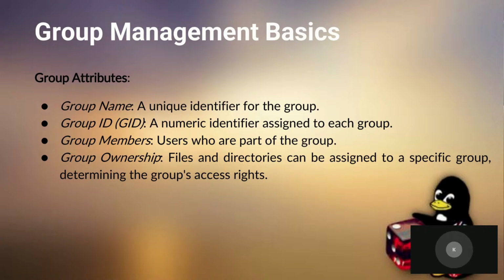Then the group members are the users that are assigned to the particular group. Then you have ownership. Ownership is just the files and directories that are assigned to a particular group. That means it is only that group that has access to the file.